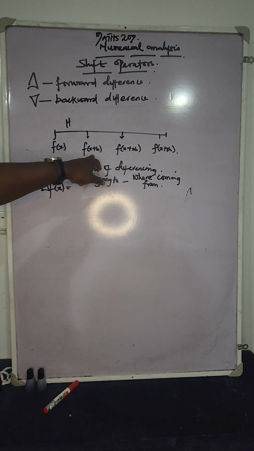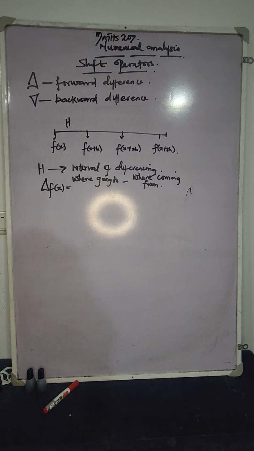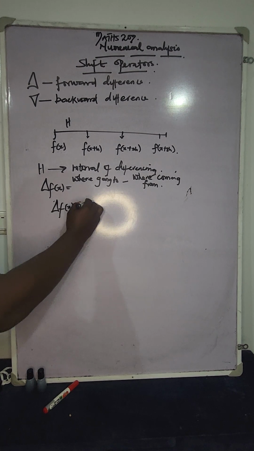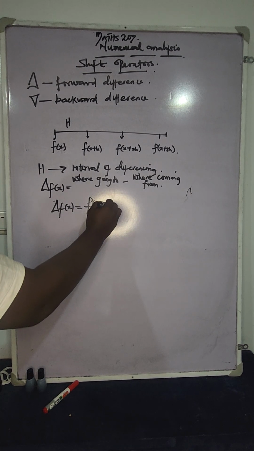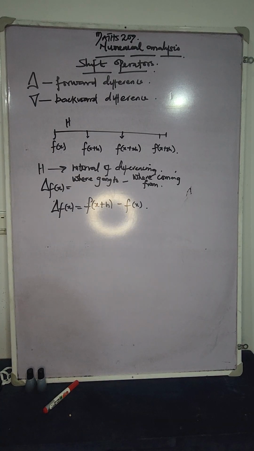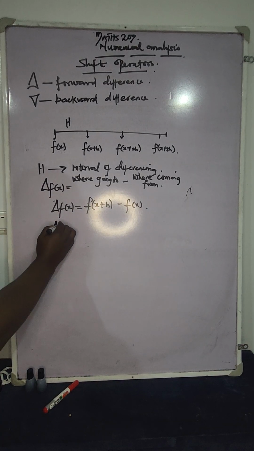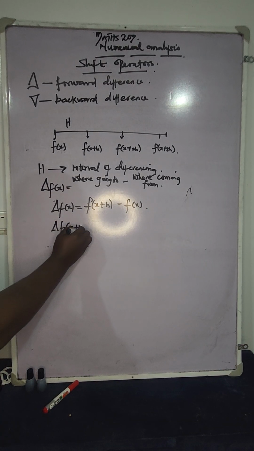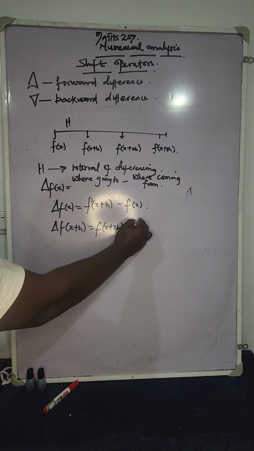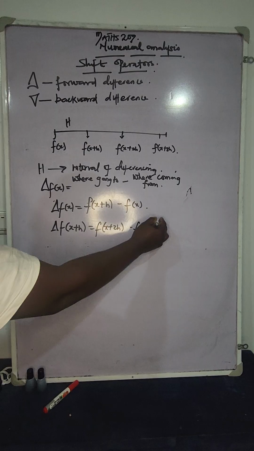So it means that the forward difference of f of x is f of x plus h minus f of x. It means that the forward difference of f of x plus h is f of x plus 2h minus f of x plus h.